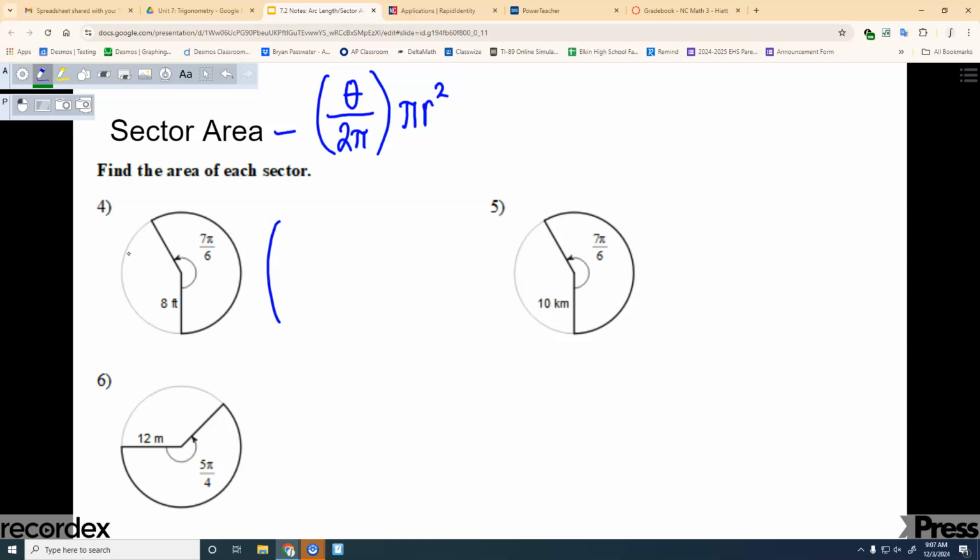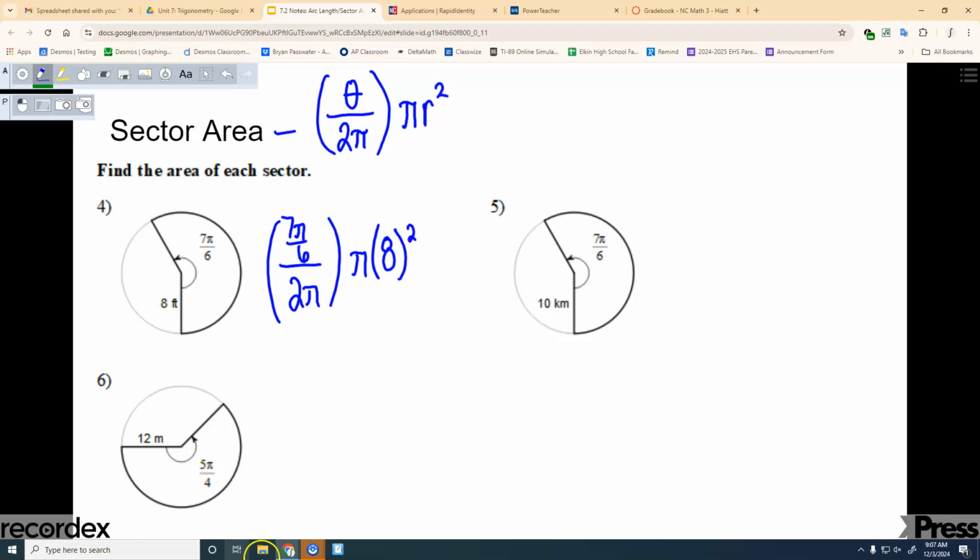Let's see, Keely, what is my angle for this example 4? Good, so 7 pi over 6 divided by 2 pi times, what's the radius, Keely? 8 squared, right?